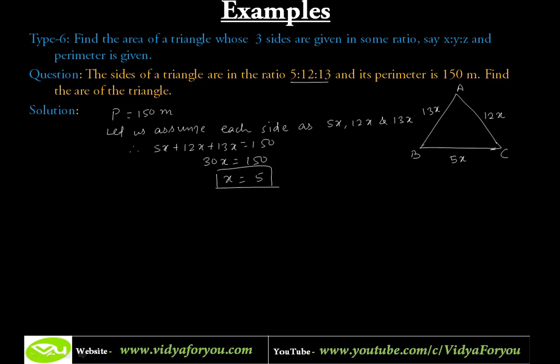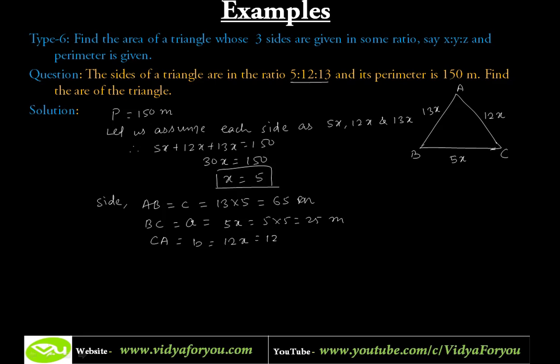So we can say side AB, which we will represent as c, is equal to 13 into 5, 65 meter. BC, CA is how much? 12x. This is 5x. 5 into 5, 25 meter. 12 into 5, 60 meter.